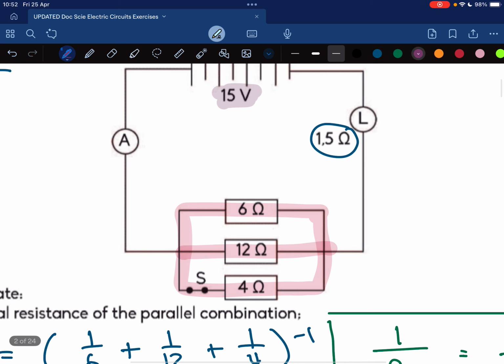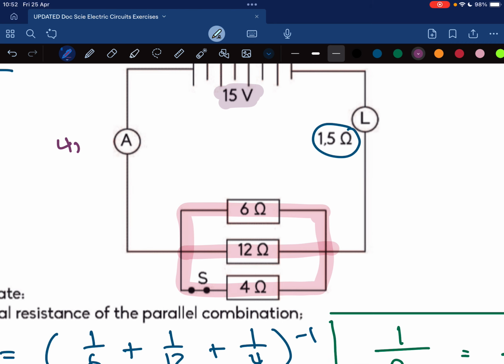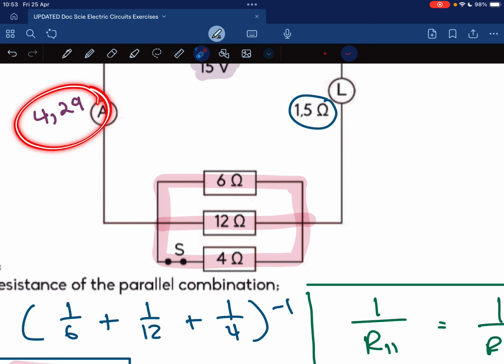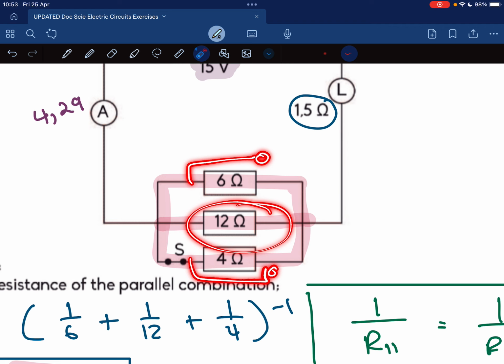Let me put in the total current, which we just found to be 4.29. First of all, we notice that we do not know how much current each one gets. We know that this is the total, but we don't know how it's going to split. Furthermore, we don't know the voltage over either one of these, so we can't use that voltage here.